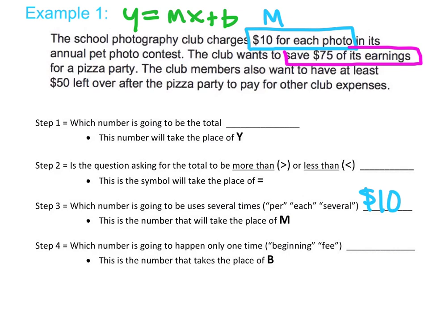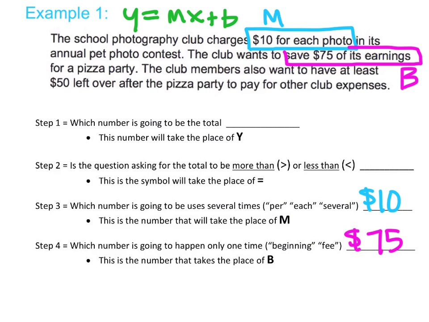If something's happened only once, that means it's going to be labeled as b. I'm going to now put the number 75 down in step 4 because that's where it says b is going to be in my list. You can also see that in step 4 it says it's going to be an amount that is happening only one time. So we're only saving $75 one time.